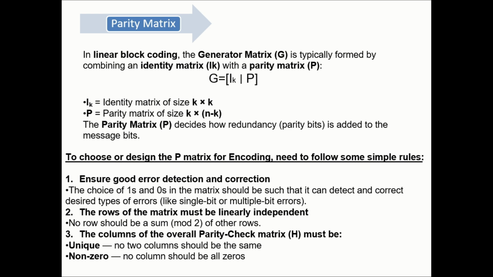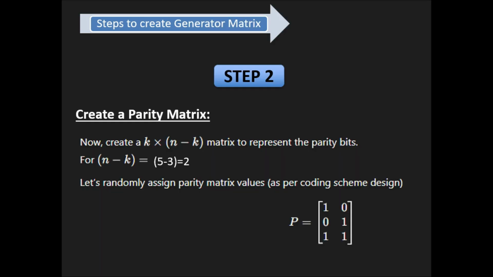Unique means a column will not be the same as another column. So no two columns should be the same, and no column should be entirely zero. You can see over here the two columns are different.